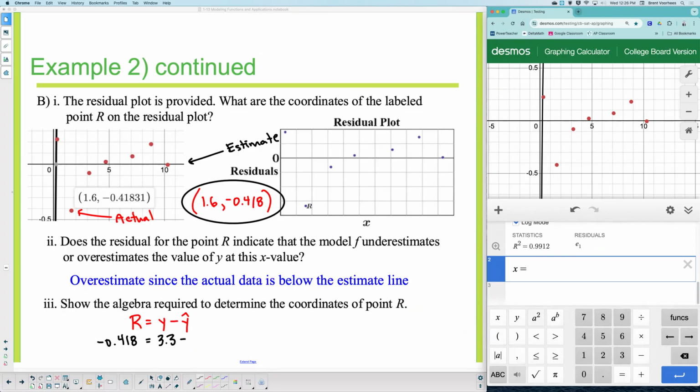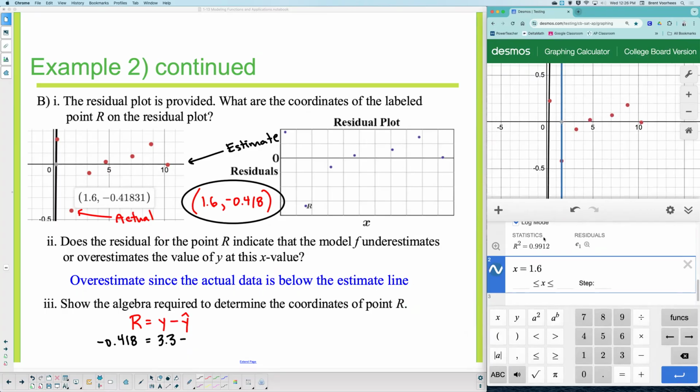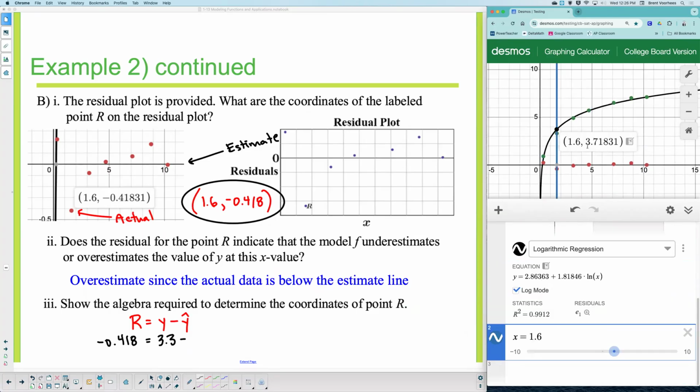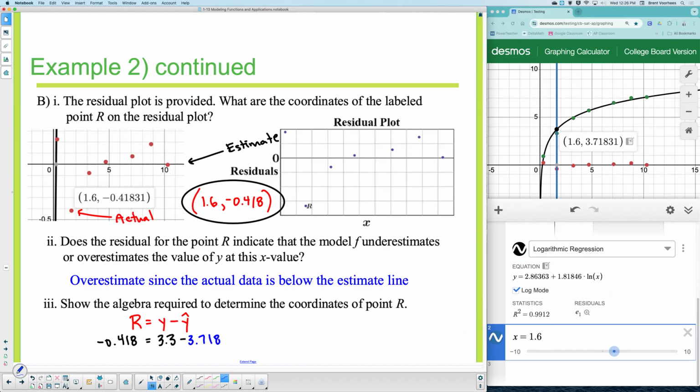X equals 1.6, so it does the math for me. Let me zoom fit to this equation. The predicted amount was 3.718. If you're wondering where I got that from, I got it from right there.